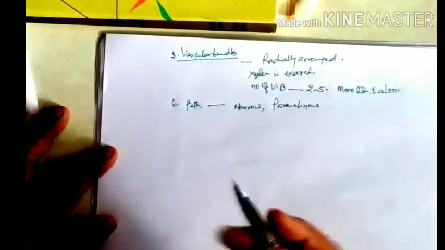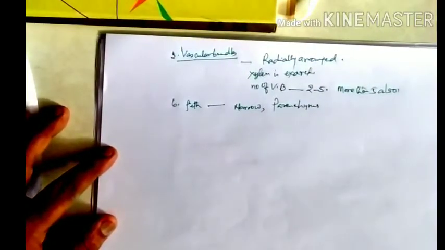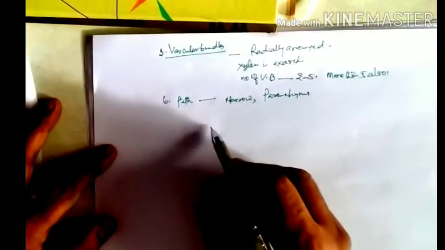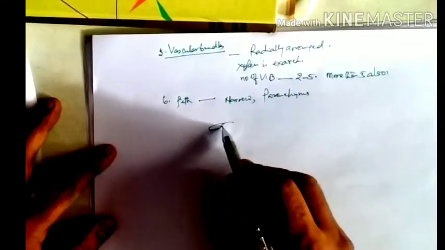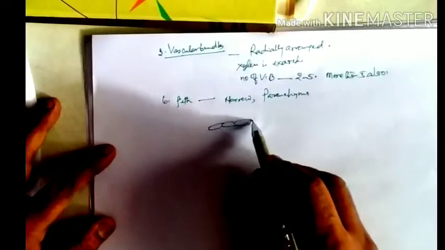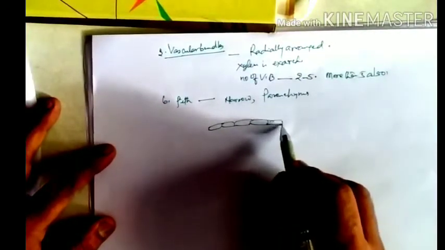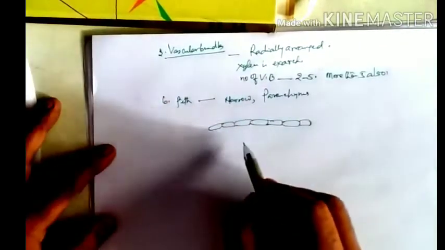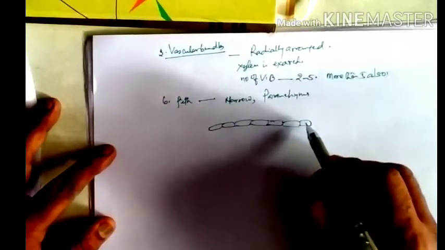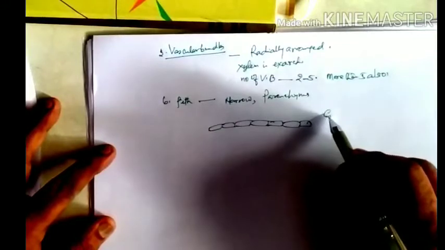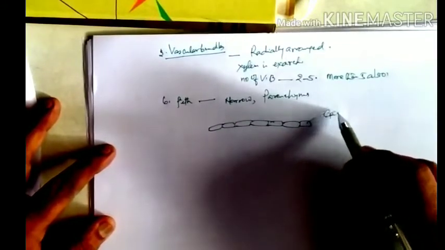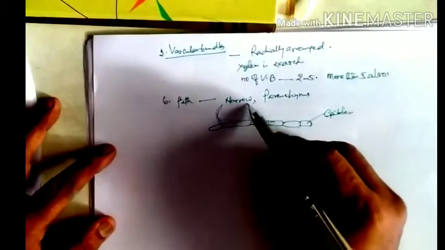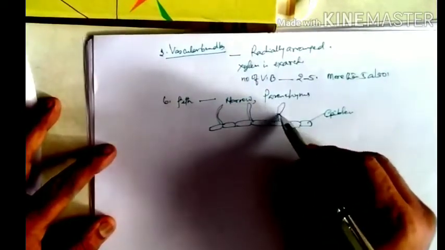Let us see the topographical structure. First of all, the outermost layer is the epiblema, and unicellular root hairs come out from this.